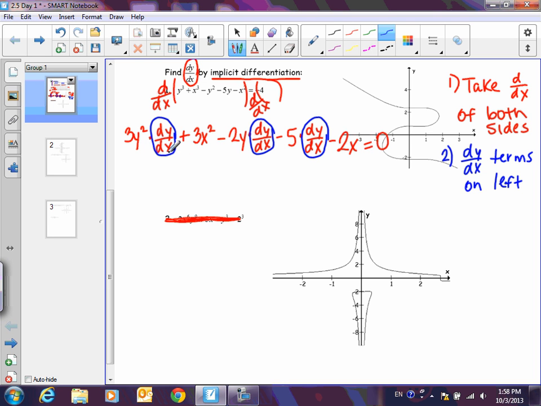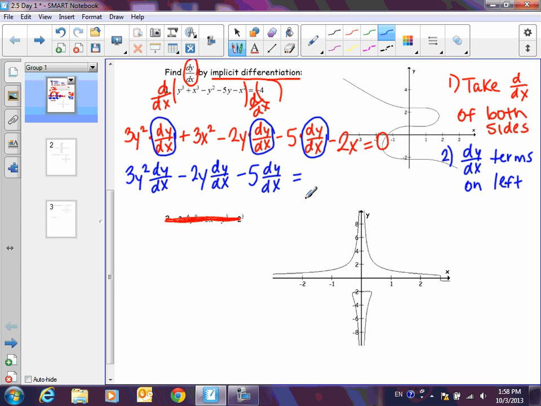So one way that I'm going to get there is to write all of these terms on the left side. And so I'm skipping over plus 3x squared. I'll get to that in a minute. It's not going away. I'm just going to move it. Okay, so now I only have dy over dx terms on the left.